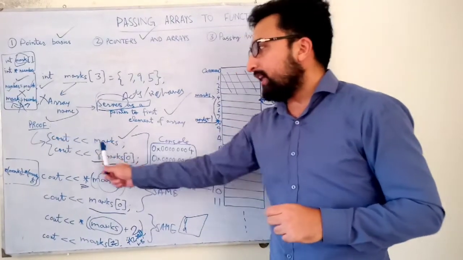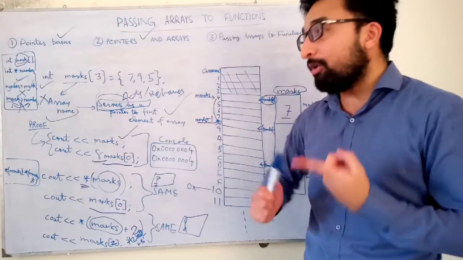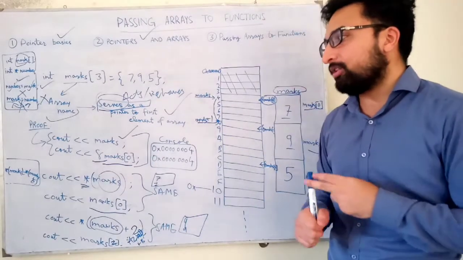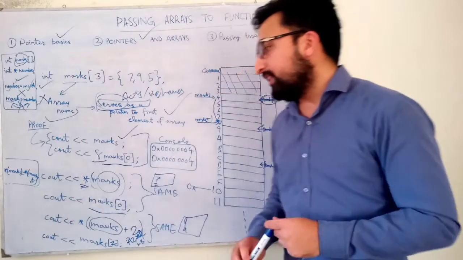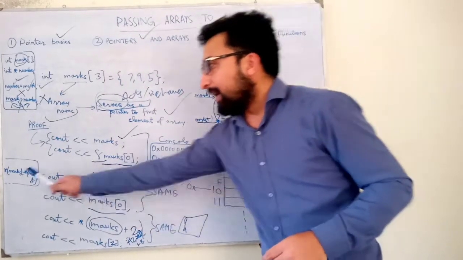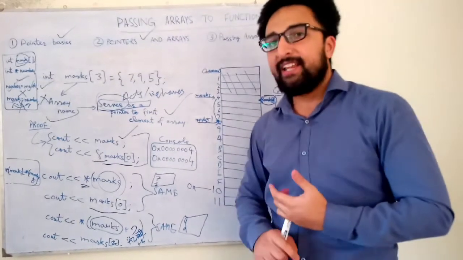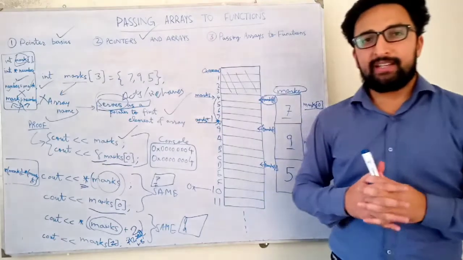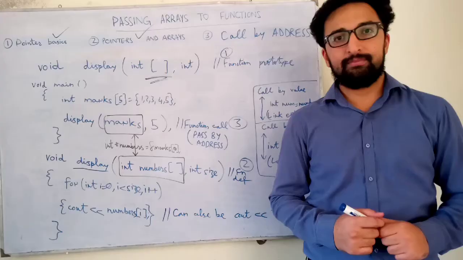So when we wrote cout marks, it printed out an address, and when we dereferenced the name of the array, it gave us the value of the first element of the array. Similarly, it is the same as doing marks plus 0. Marks of 0 and star of marks plus 0 will give the same result, because pointers and arrays support the same set of operations. So these are the similarities between pointers and arrays.